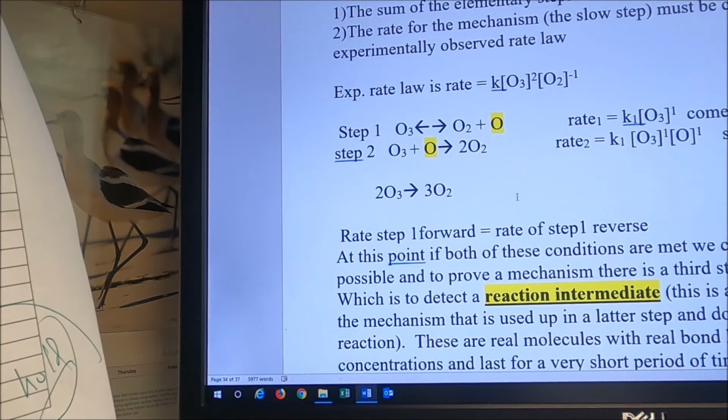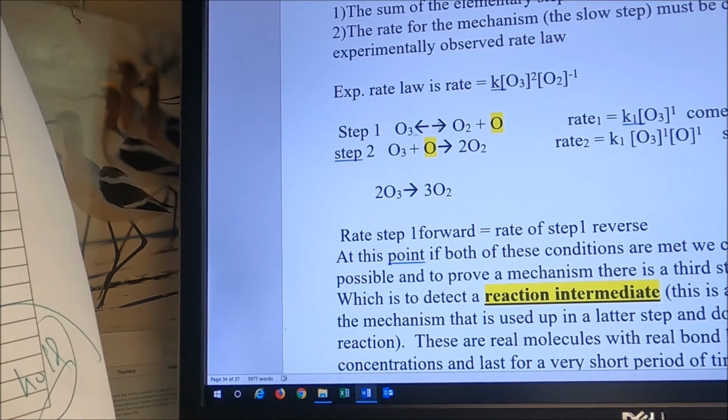The definition of equilibrium is that the rate of the forward reaction equals the rate of the reverse reaction.